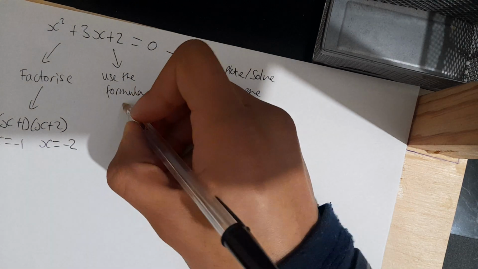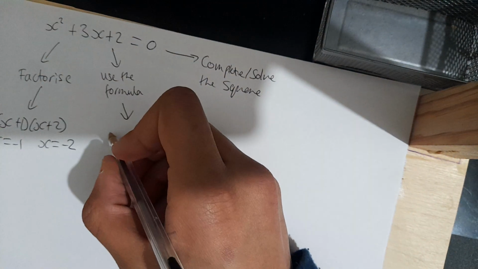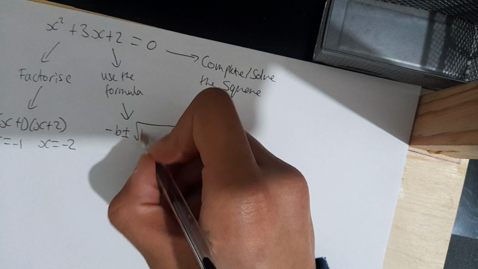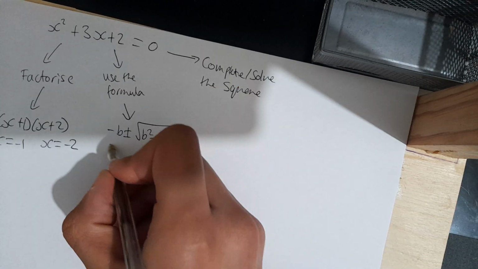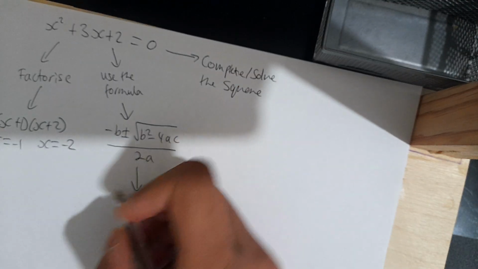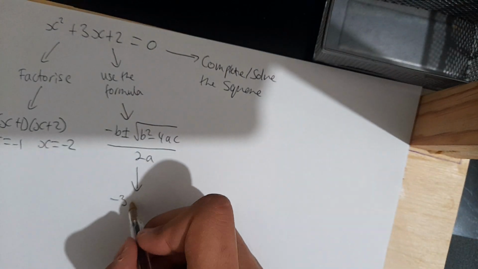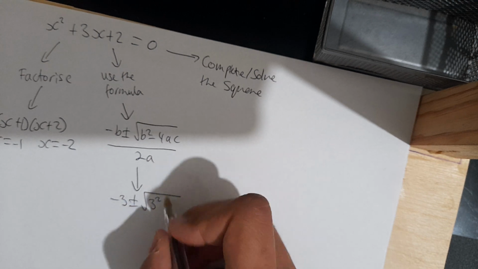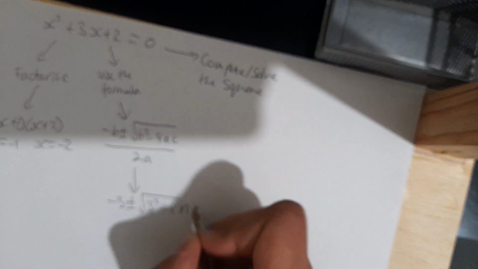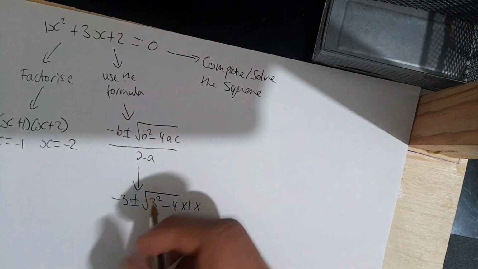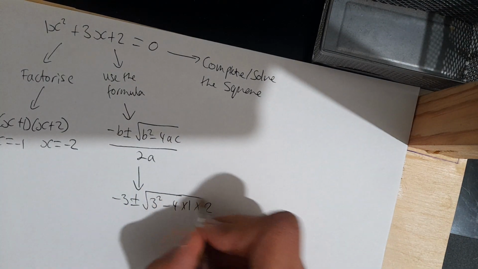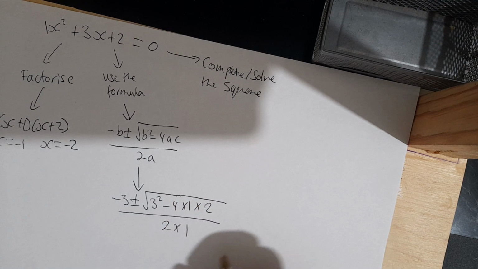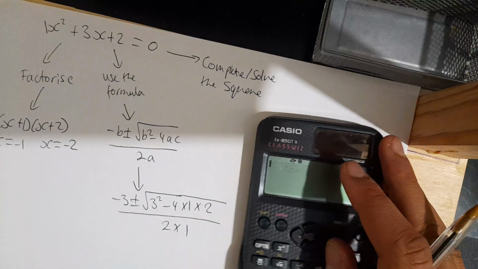Another way we can solve is using the formula. So let's substitute in. Normally the formula is -b plus minus the square root of b squared, take away 4ac, all over 2a. So let's substitute. -3 plus minus the square root of 3 squared, take away 4 times 1, which is here, remember, times 2, all over 2 times 1. Well, probably a pretty easy calculation, but let's put that in my calculator.